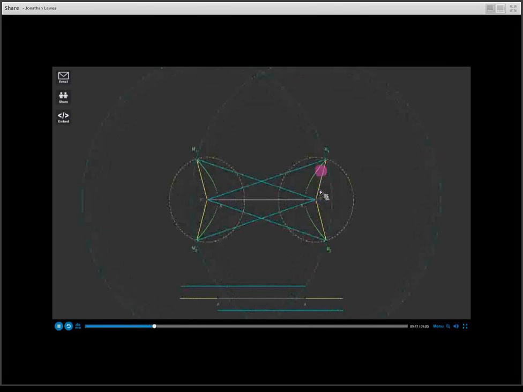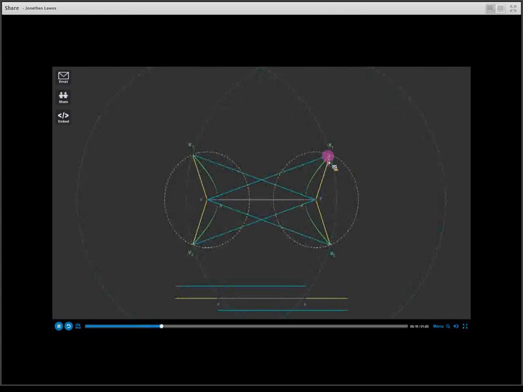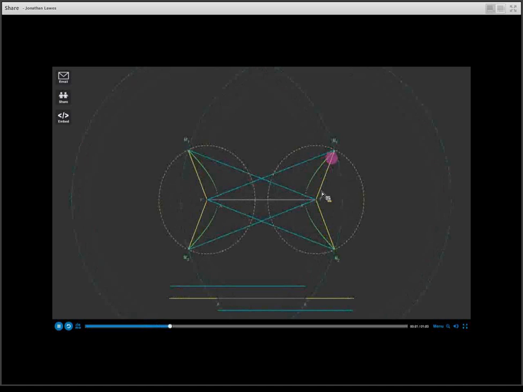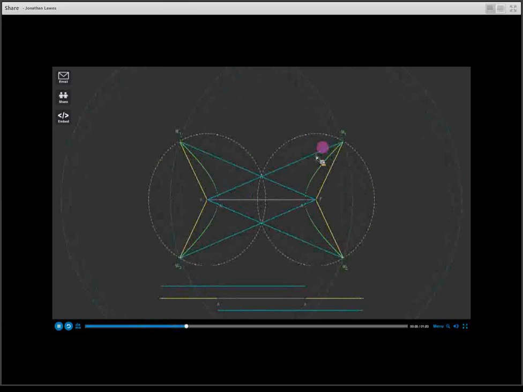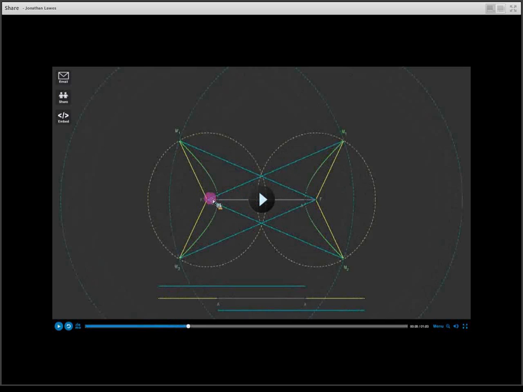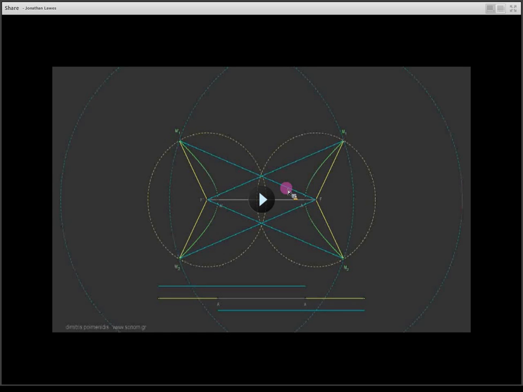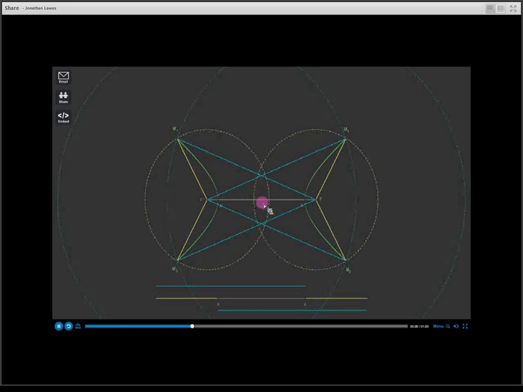This yellow distance right here is the distance from the point on the hyperbola to this focus. This blue line right here is the distance from that point to the other focus. Okay? And then the difference between this yellow line and this blue line, that difference always has to be exactly the same. Okay? So I'll keep playing that.